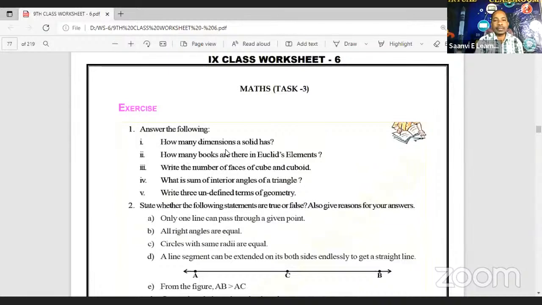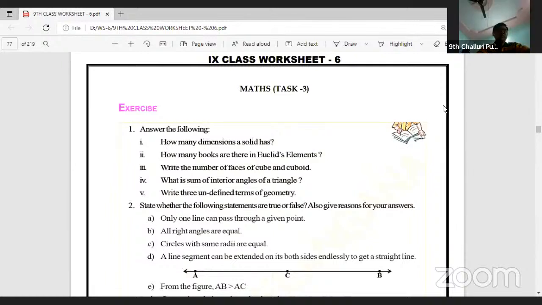How many dimensions does a solid have? Purneshwar. Yes, sir. A solid figure contains how many dimensions? Sir, 3 dimensions. A solid figure contains 3 dimensions. Example, cuboid.